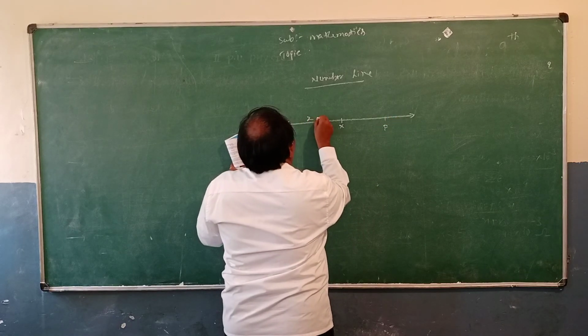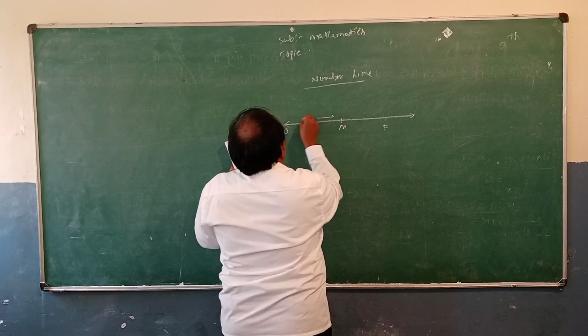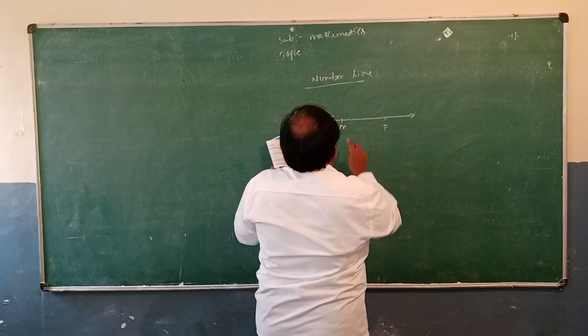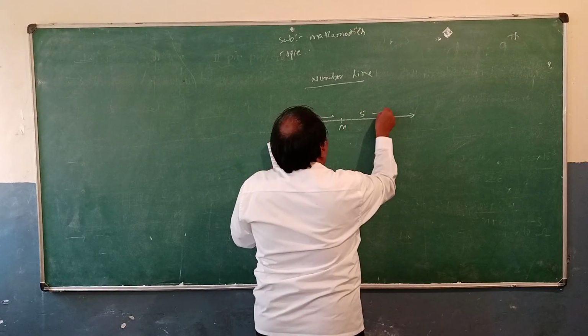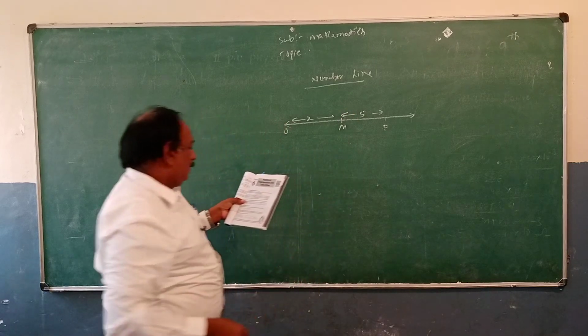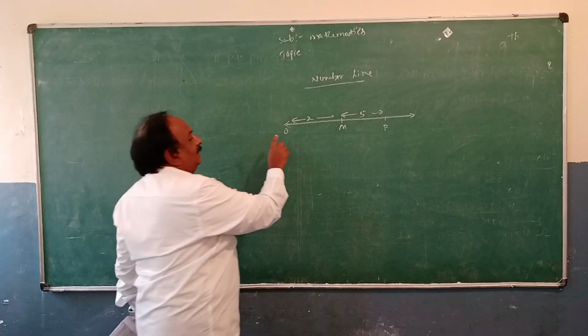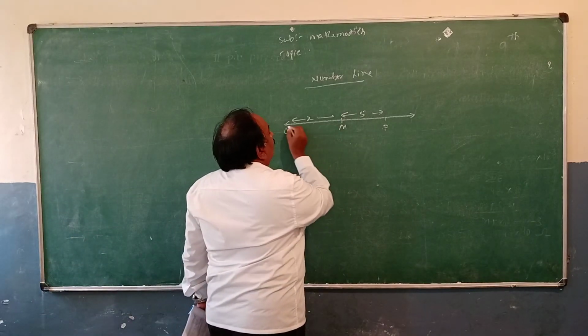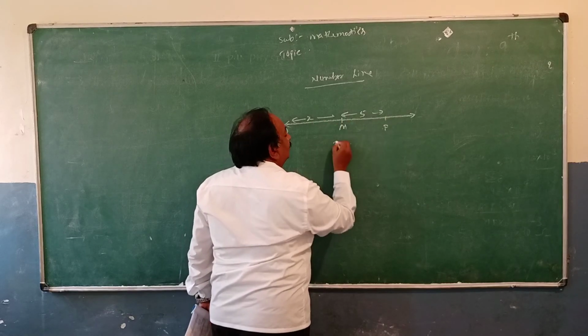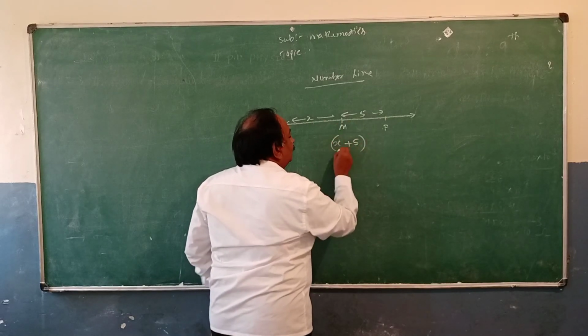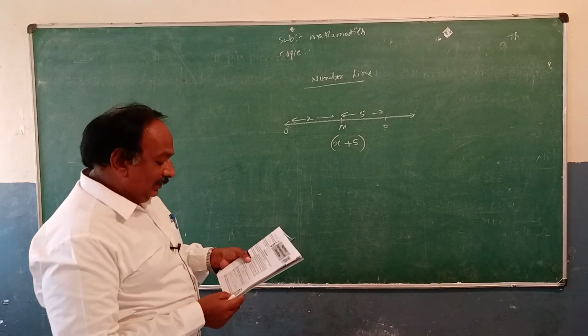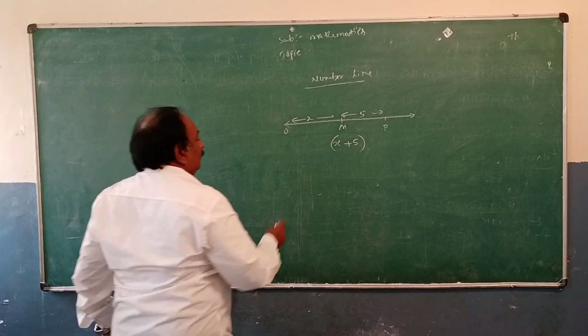The length from 0 to m is x. The length from m to p is 5. What is the distance between 0 and p? The distance is x plus 5.